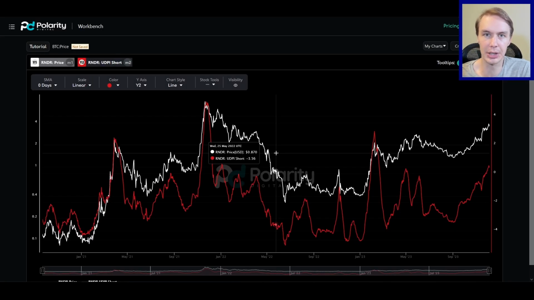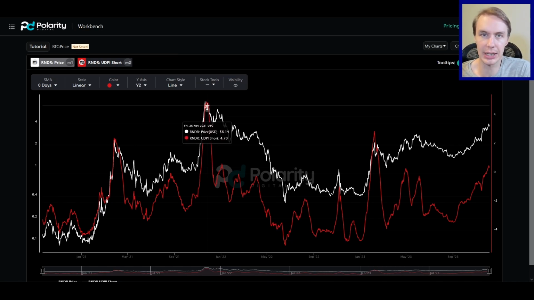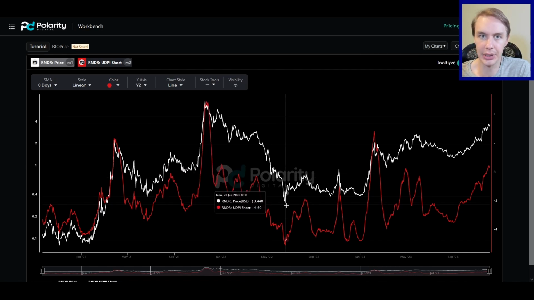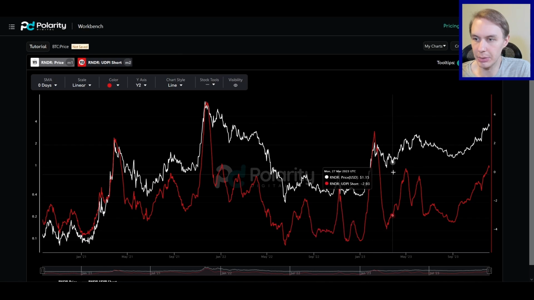So the first model I want to talk about is our short-term risk model, the short-term upside downside potential indicator, or UDPI. So basically higher levels mean higher risk, lower levels mean lower risk. And so what we can see more recently is that short-term risk has started to move up off of the lows back here in September, but it's not gotten to a super overextended area.